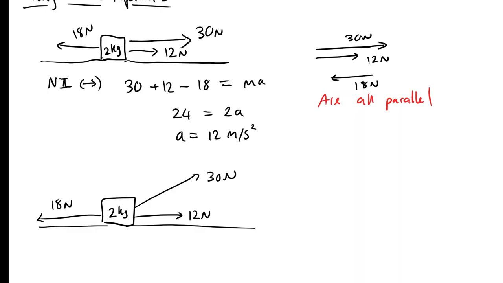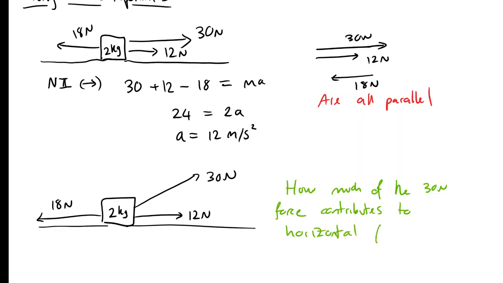So we look at components so we can consider how much of that force actually contributes to the horizontal motion. That's the question we're trying to answer. So how much of the 30 Newton force contributes to horizontal force?